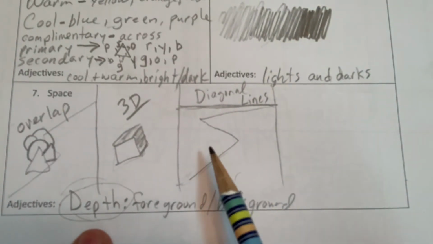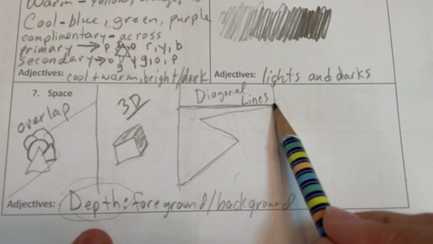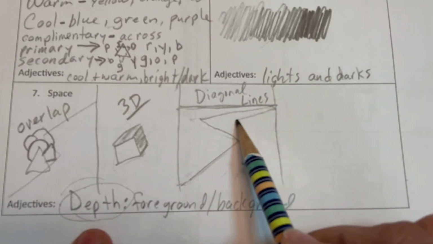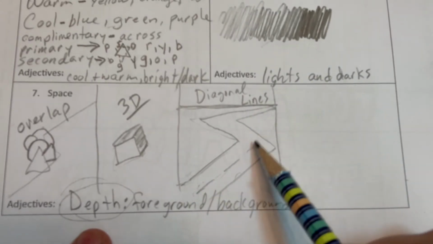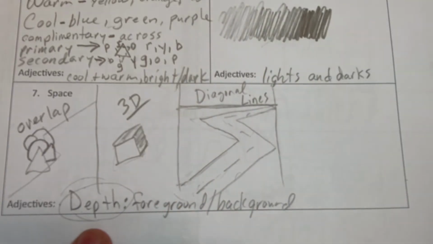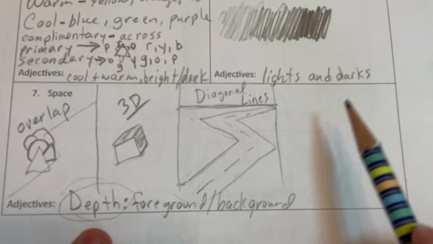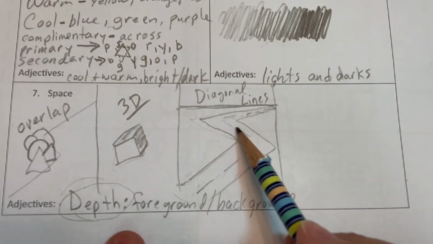If you look out my art room window, you'll see diagonal lines of the parking lot going back to the back of the landscape. Let's say this is a road, and maybe this is grass. These lines would be bigger, getting smaller. In landscapes, you often have diagonal lines. You can see how the lines in the background get smaller.